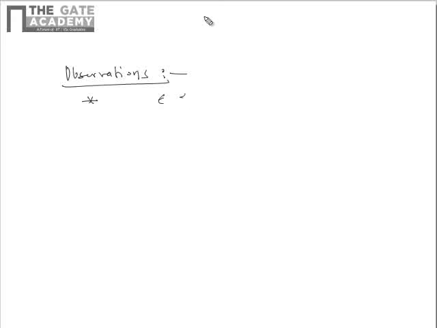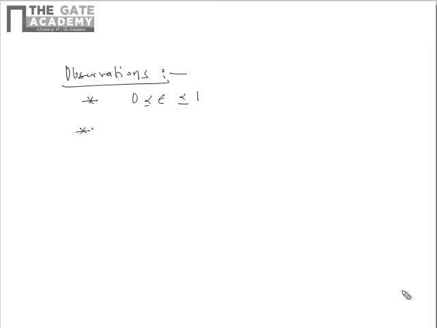If we observe the effectiveness of parallel flow and counter flow heat exchangers, we will see that, first, effectiveness of a heat exchanger lies between 0 and 1. Effectiveness cannot be greater than 1.